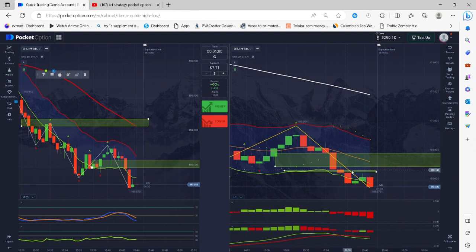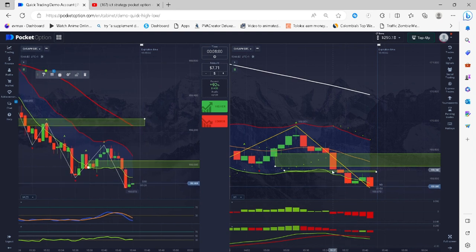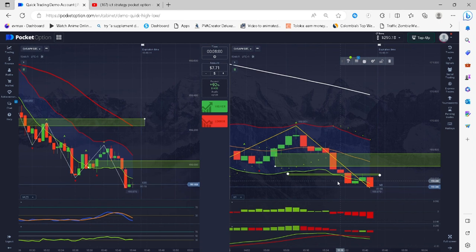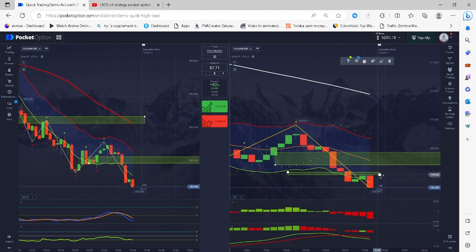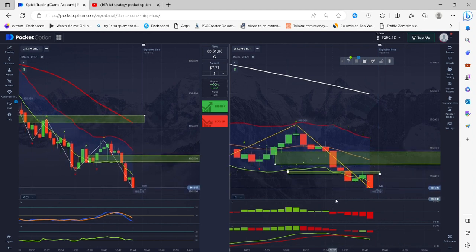I hope this makes sense. When you see the fair value gap on the 30 seconds, you have to match it with a fair value gap on the higher timeframe.